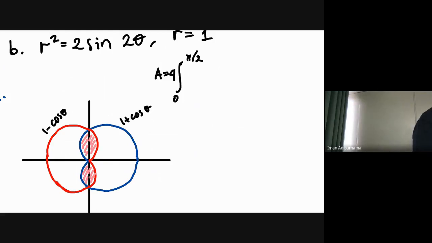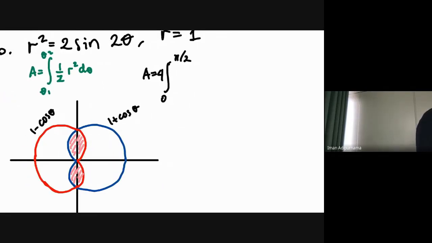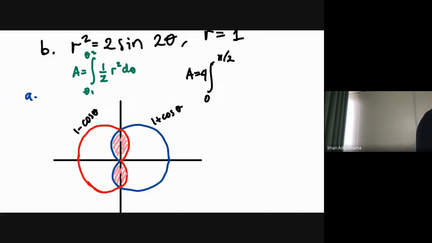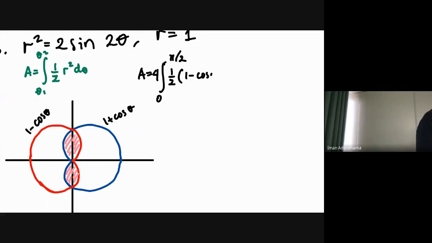And then remember the formula is the sector. Let me remind you the formula here. Say this is theta 1, theta 2. So the red one is 1 minus cos theta, half, and then squared, d theta. Let me use a different color.